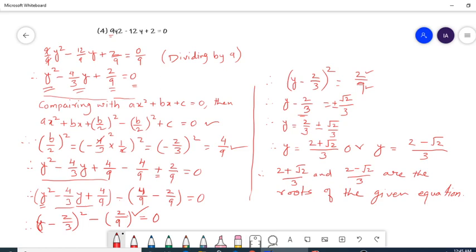Now let me explain why we need this method. Before this we have studied how to solve a quadratic equation. In the previous tutorial we have already discussed how to solve a quadratic equation by the splitting middle term method.